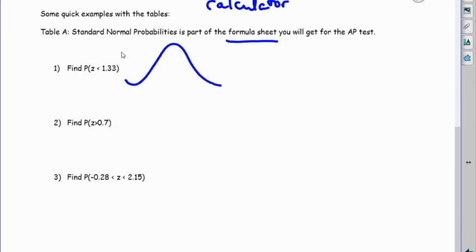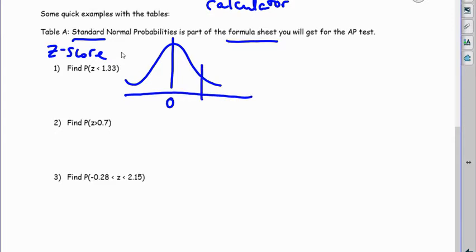Okay, so these are already z-scores. Here's my z-score. What's the middle of a normal curve that has z-score? Standard means that it is a z-score curve. When they say standard normal, that means that they literally mean the middle of this curve will be 0 because that's the middle of a standardized curve. Okay, so we've got 1.33.